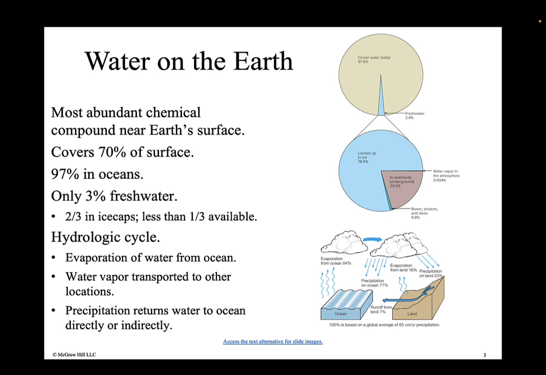Okay, this precipitation, about 77% of the precipitation goes directly back to the ocean, so it rains on top of the ocean essentially, and the other 7% that accounts for the total 84% comes from the precipitation that goes onto the land and then goes back to the ocean in the form of rivers and streams.